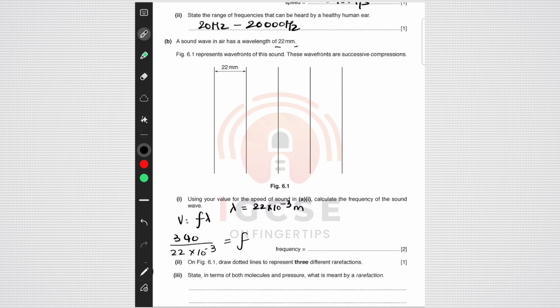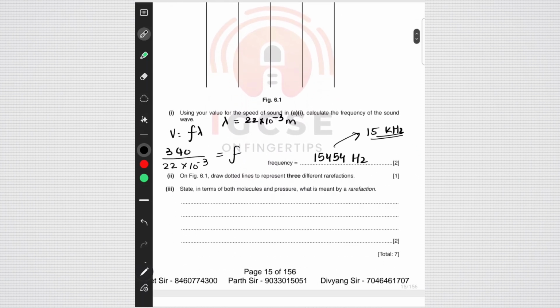If I put that in my calculator, what I get is 15,454 hertz, or a better way of writing this is 15 kilohertz. Looks clean, has proper number of significant figures, and you've rounded it off correctly. On figure 6.1, draw dotted lines to represent 3 different refractions.